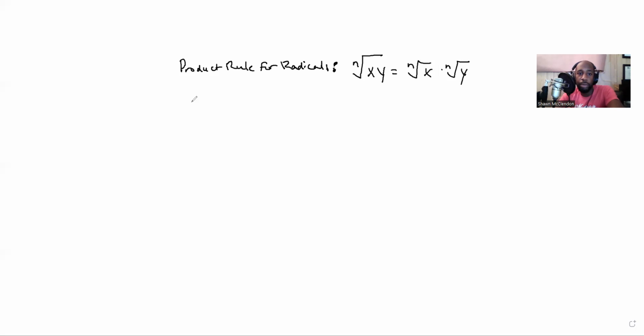So for example, if you had the square root of 32, you could say, okay, 32 is 16 times 2, right? So using the product rule, I can break this up into different roots. So that would be the square root of 16 times the square root of 2.